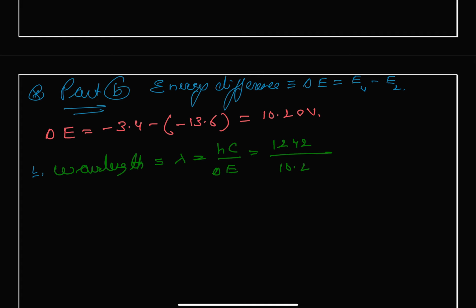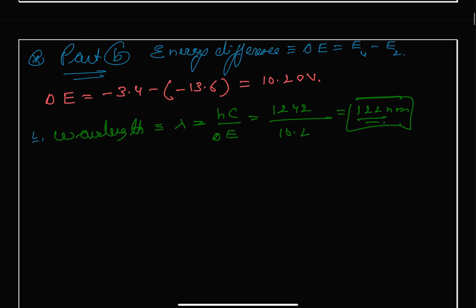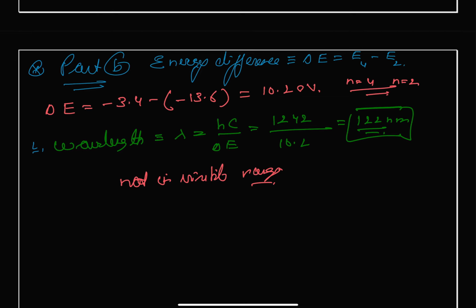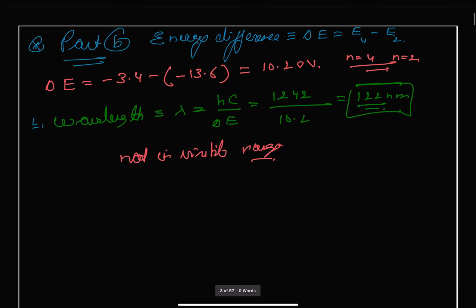This wavelength comes close to 122 nanometer, but this is not in the visible range. For this calculation we assumed that the initial value of n was 4 and the final value of n was 2. So for this transition the wavelength is not in the visible range.